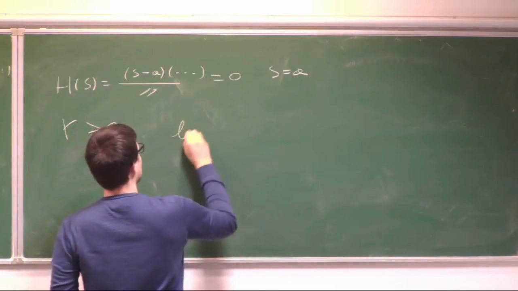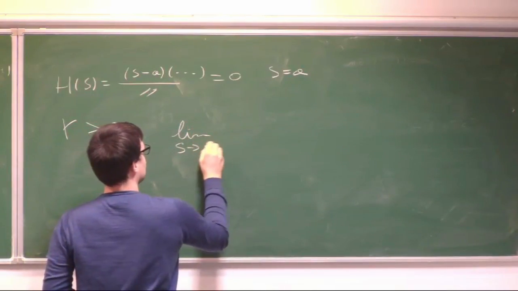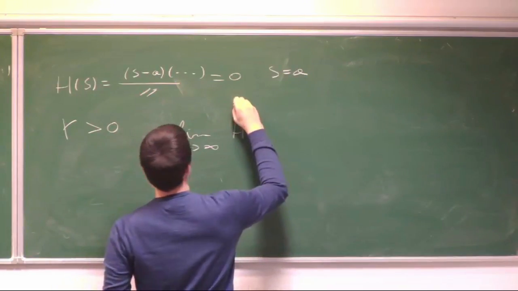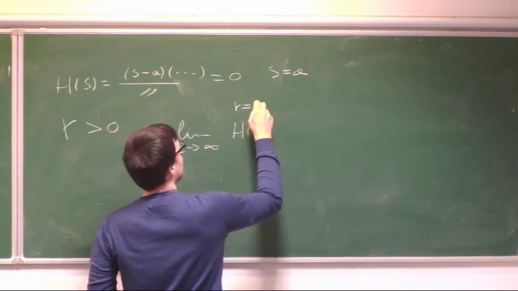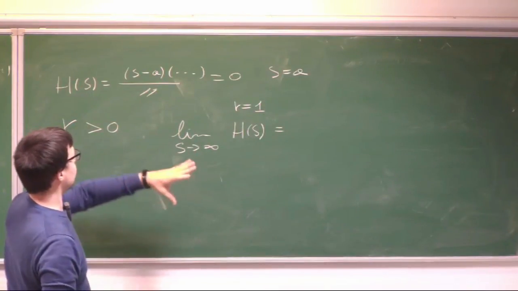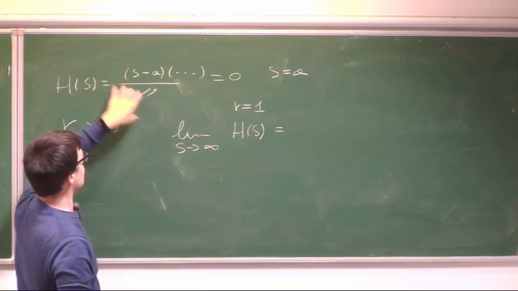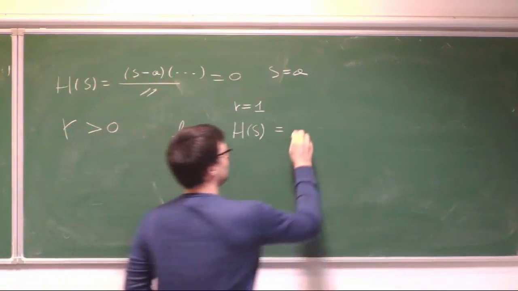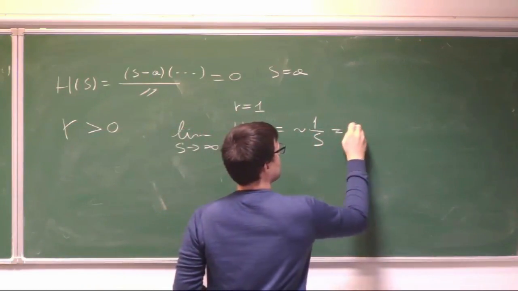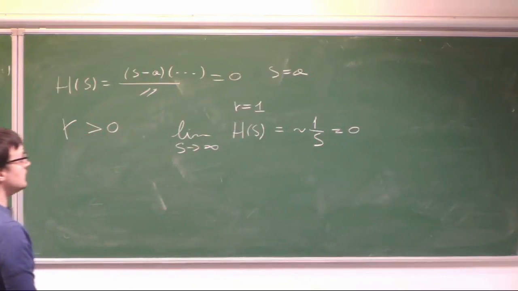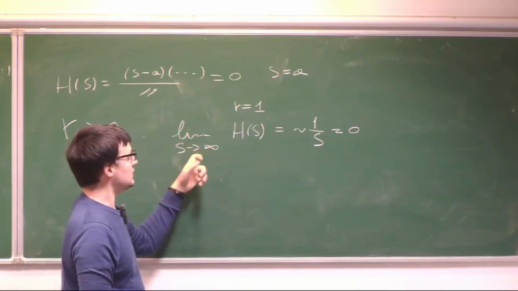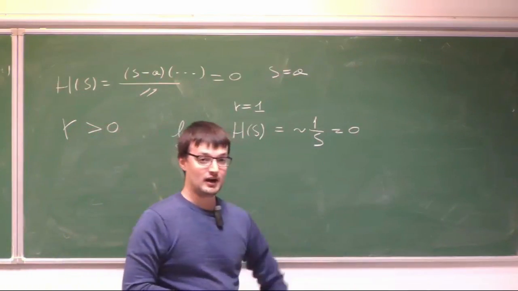Now, if we compute the limit as s goes to infinity of H of s, when the relative degree is, for instance, equal to 1, the fraction will actually behave like 1 over s, and as s goes to infinity, this goes to 0, okay? So this means that the point s equal to infinity is actually a 0 of our system, okay?